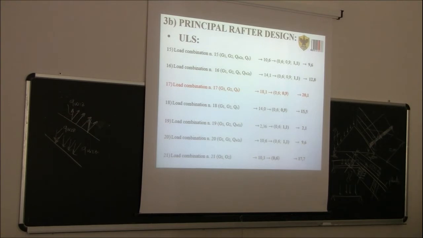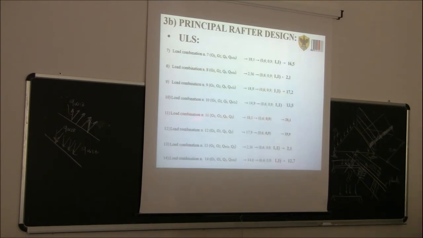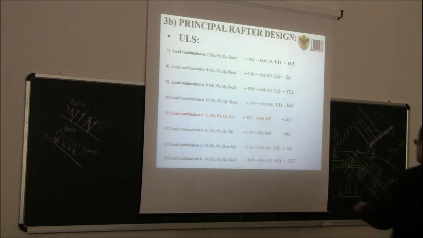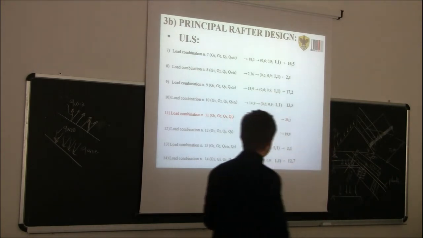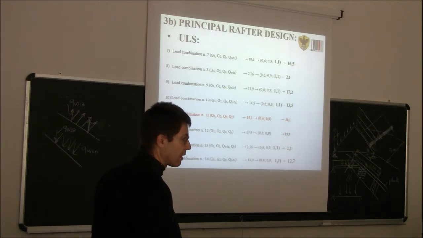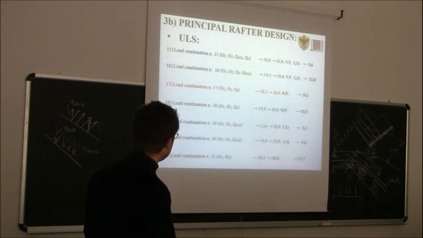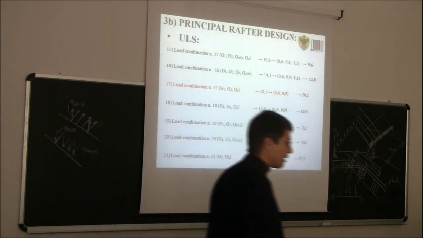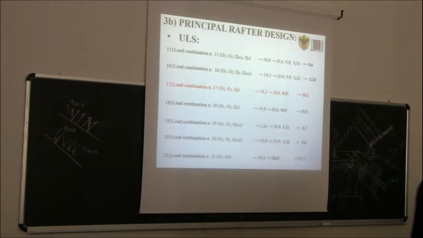So the most critical load conditions are the ones without wind. One is the one where we consider the maintenance as a fundamental variable load, and the other one is exactly the same number, but considers instead the snow as the main variable action and not the maintenance.